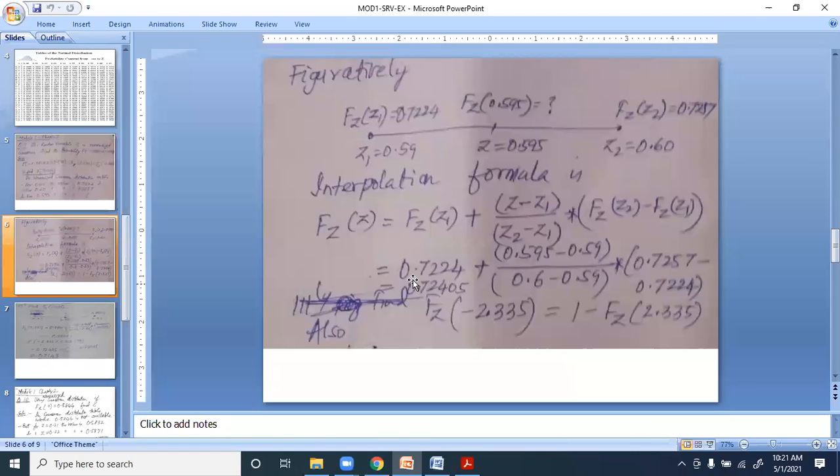So this quantity is 0.7224, and Z is 0.595, which is what we need to find out. Minus Z1, which is 0.59, divided by Z2 minus Z1, where Z2 is 0.60 and Z1 is 0.59. Then F(Z2) is 0.7257 and F(Z1) is 0.7224.